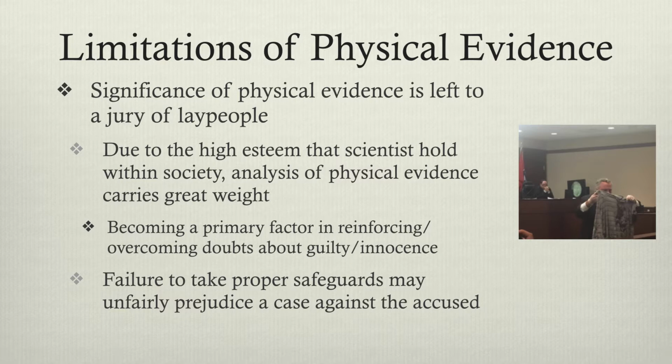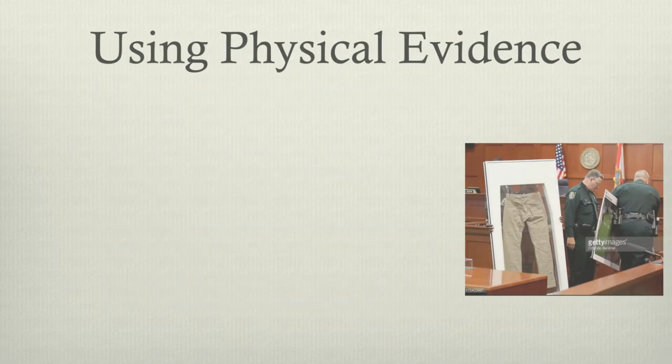So because of how high of esteem they are held in, if proper safeguards are not put into place, it could unfairly prejudice a case against an accused or for an accused.